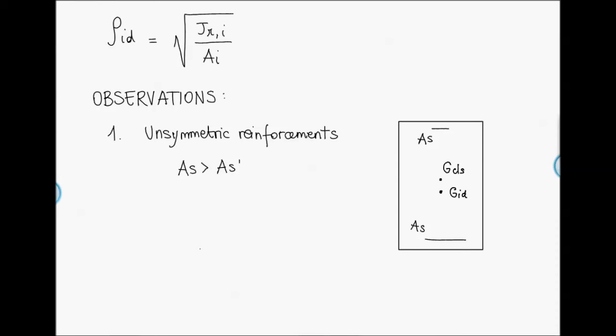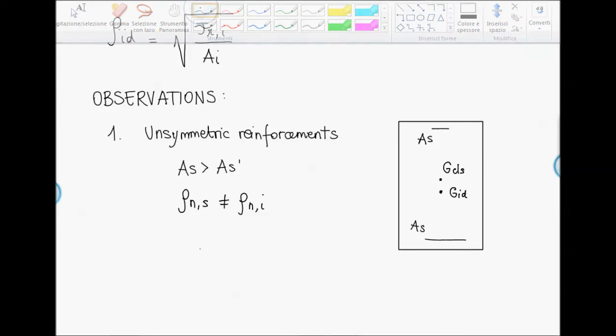So we have, in this case, rho NS is different from rho NI. And indeed, the central core of inertia is not symmetric.